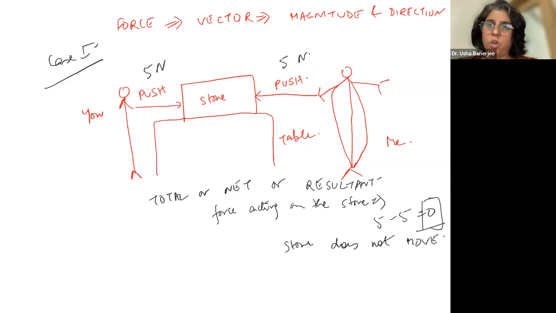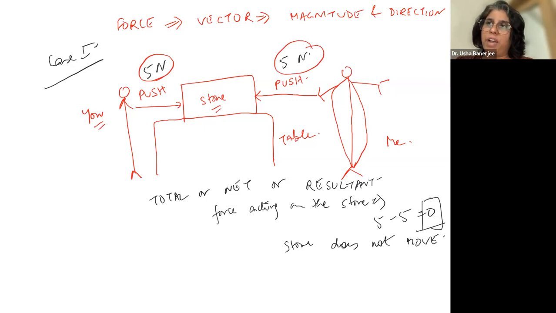Done. So two equal and opposite forces are basically cancelling each other. Right? So 5 minus 5, 0. I am repeating: this is a stone in the middle. You are pushing with 5 Newton.